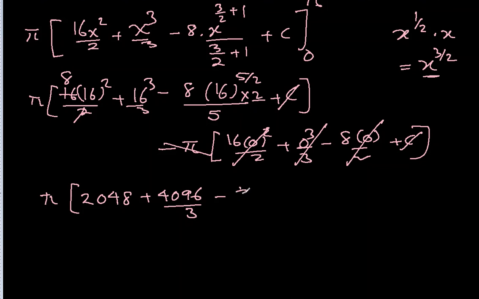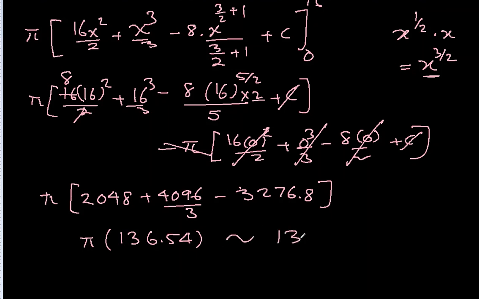It comes out to be 3276.8. And when I put my whole thing in my calculator, I get 136.54. So which will be about 137 pi units cubed. That's the volume of the shape.